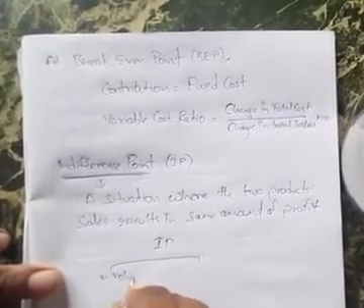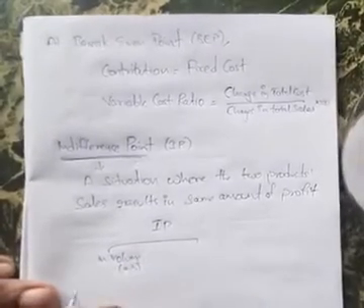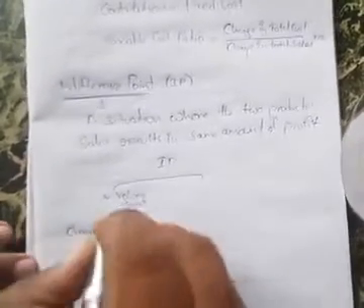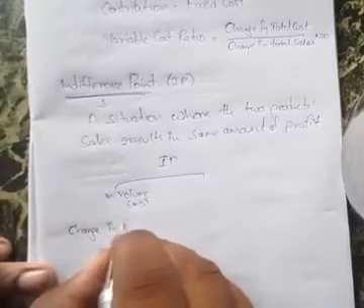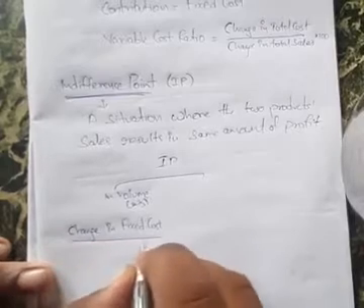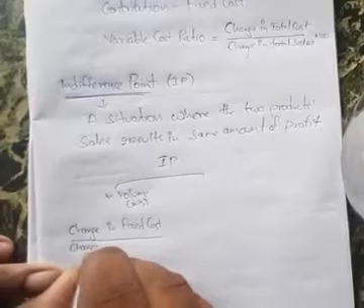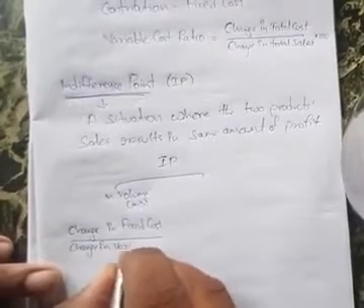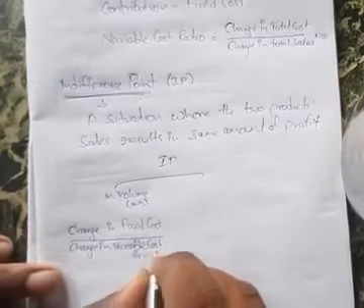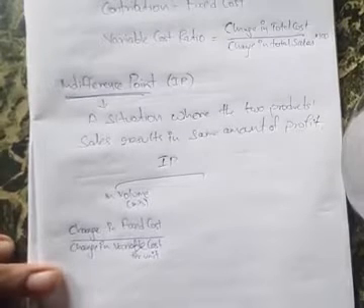In volume, that is in units, we have change in fixed cost divided by change in variable cost per unit. Change in fixed cost by change in variable cost per unit.